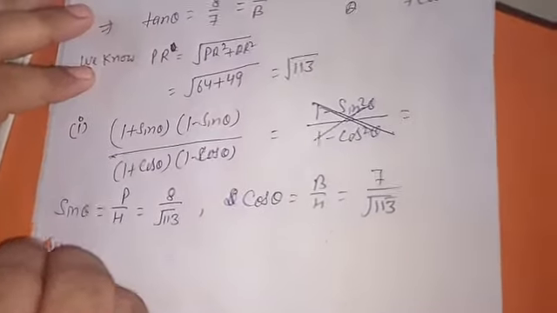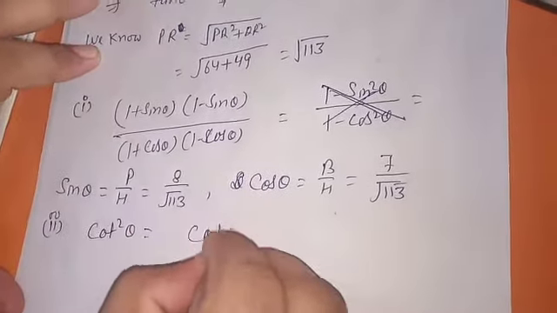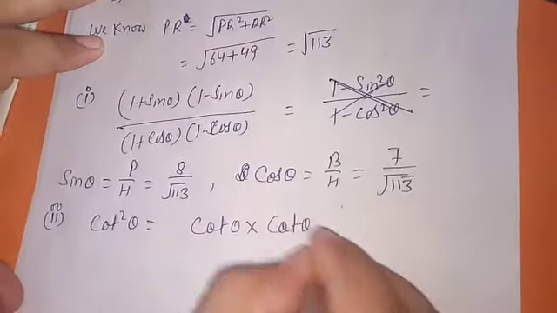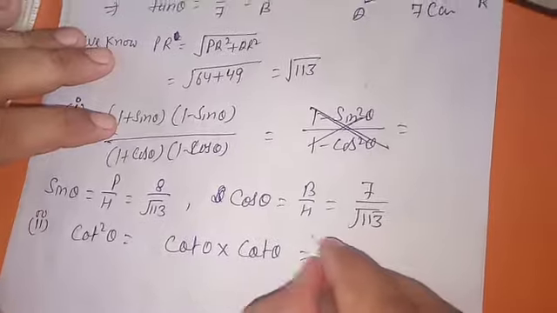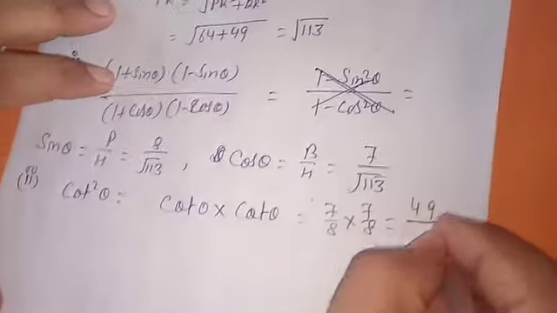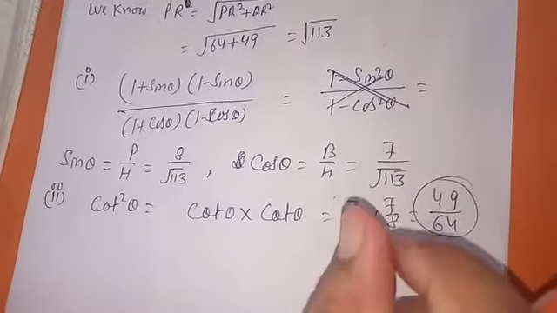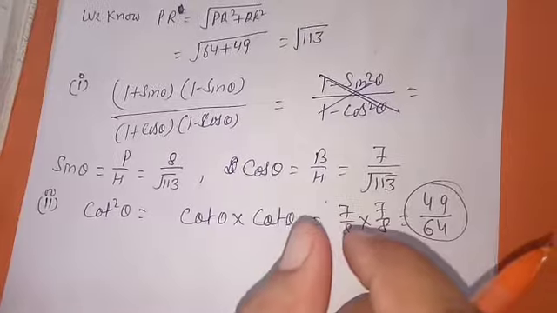Similarly, the second part, cot square theta, means cot theta into cot theta. What's the value? 7 by 8 into 7 by 8, 49 by 64. Yes or no? Understood?